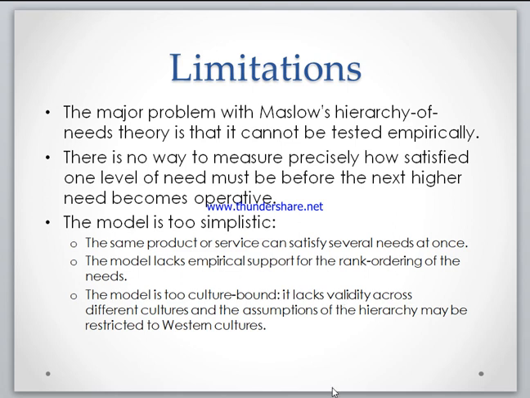It is limited to some environment, or it lacks the environmental features and characteristics that can lead to some other needs. Ranking and ordering can differ. That also suggests that the model is too culture-bound, that it lacks validity across different cultures, and its assumption of hierarchy is restricted to only Western cultures.